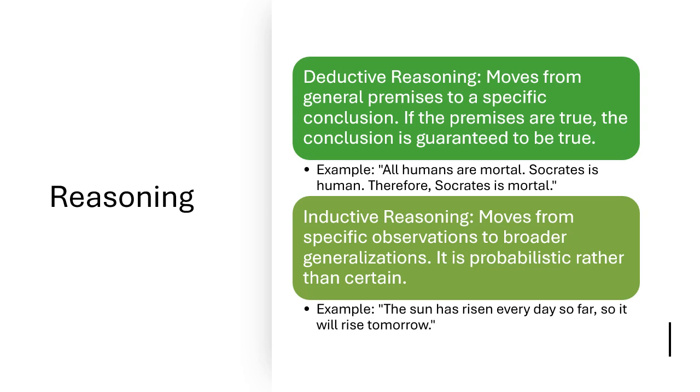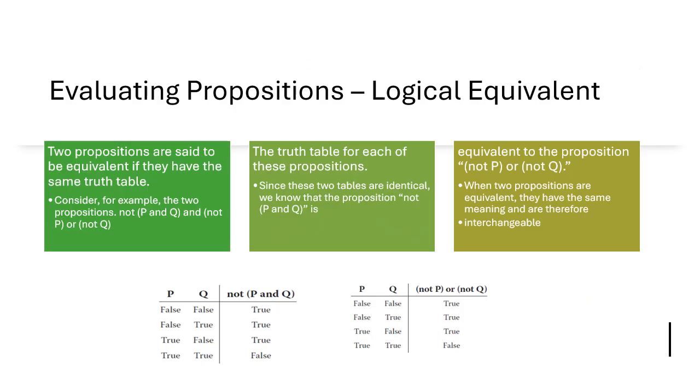Inductive reasoning moves from specific observation to broader generalization. It is probabilistic rather than certain. The sun has risen every day so far, so it will rise tomorrow also. So this is a hope that the sun will rise tomorrow.